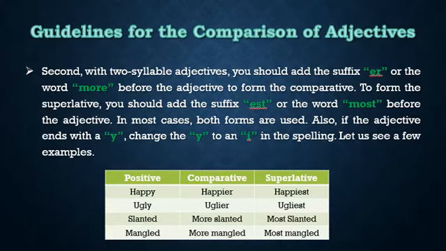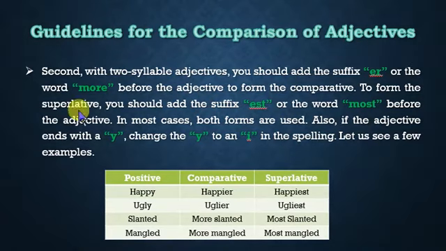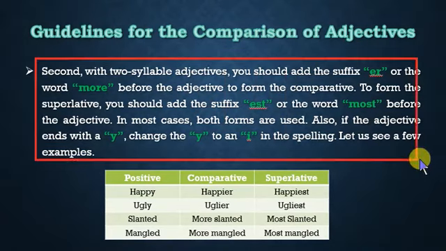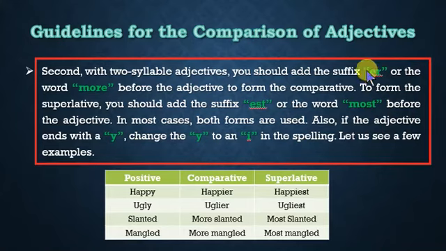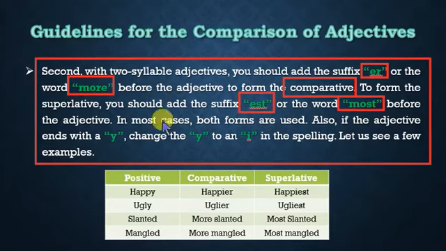Now the second point is, with two-syllable adjectives, you should add the suffix er or the word more before the adjective to form the comparative. To form the superlative, you should add the suffix est or the word most before the adjective. In most cases, both forms are used. Also, if the adjective ends with a y, change the y to an i in the spelling.